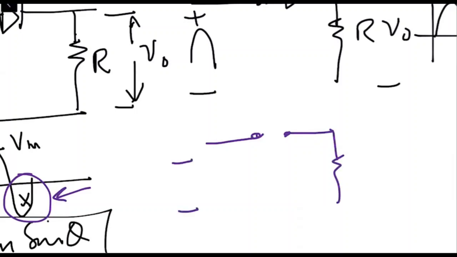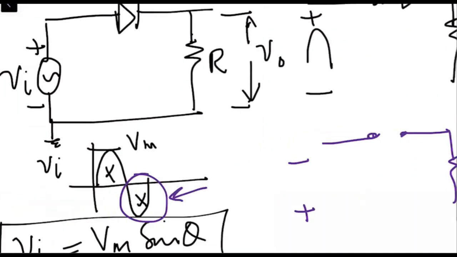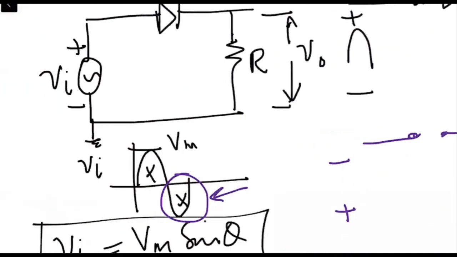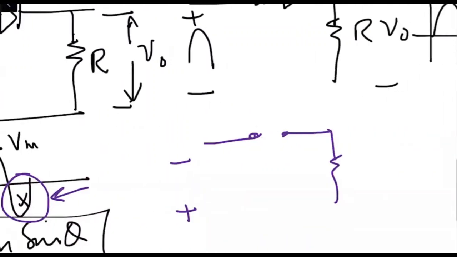So when the negative half cycle comes, this end is now negative, this end is positive, and the diode will behave as an open switch.